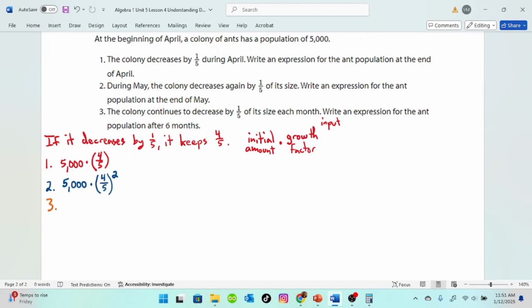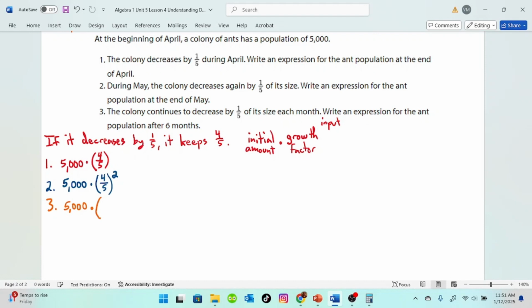And number 3, the colony continues to decrease by 1/5 of its size each month. Write an expression for the ant population after 6 months. Well, it still begins with that initial ant population of 5,000.